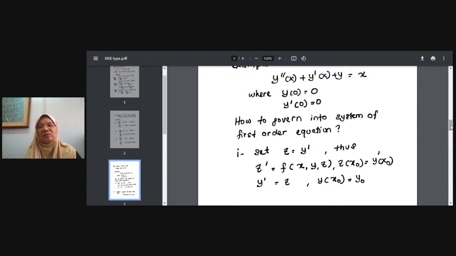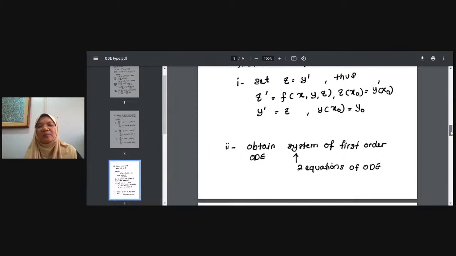I just assume z as y prime. What is y prime? It is f of x, y. You still remember this from the Euler method, chapter 8. So that is inside your mind. So z prime is f of x, y, z.